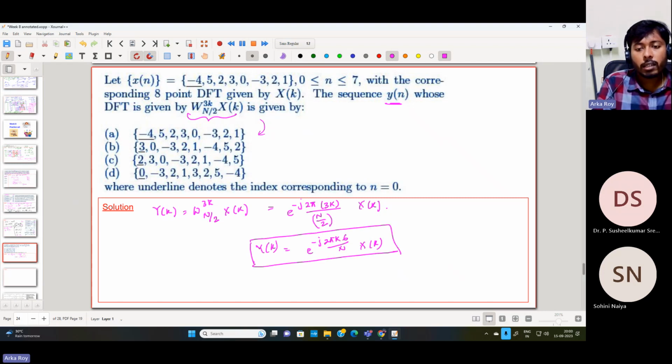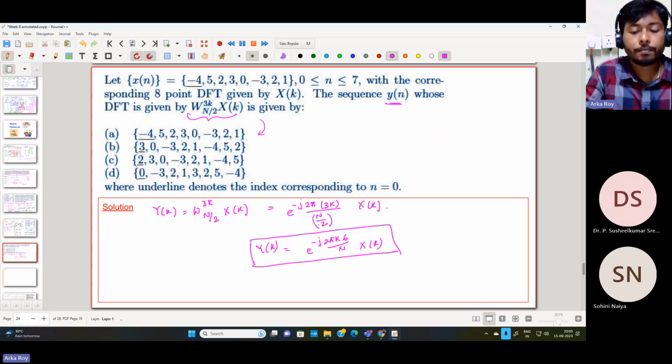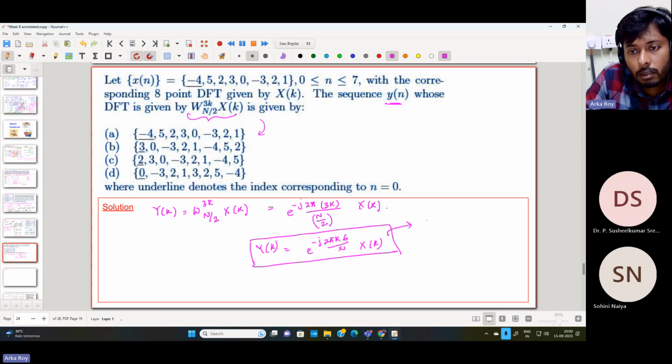Now we know that if I multiply any complex exponent with a DFT, I will not get a linear shift. I will get a circular shift.